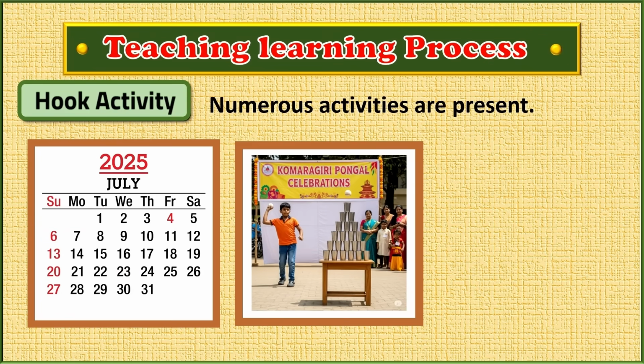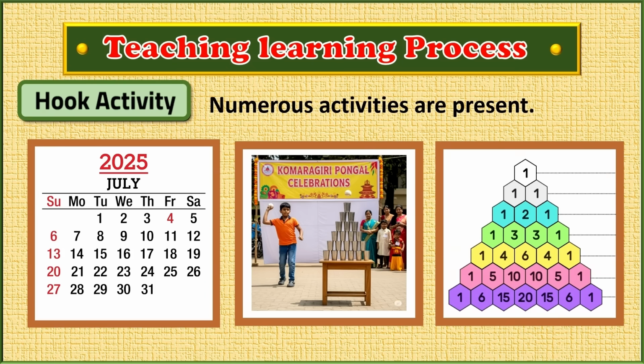From the second image, we can also see the number patterns the student can easily spot. On the top row, 1 glass, second row, 2 glasses, third row, 3 glasses. In the same way, the student can easily spot number patterns. One of the best hook activities is showing the beautiful patterns in Pascal's triangle.